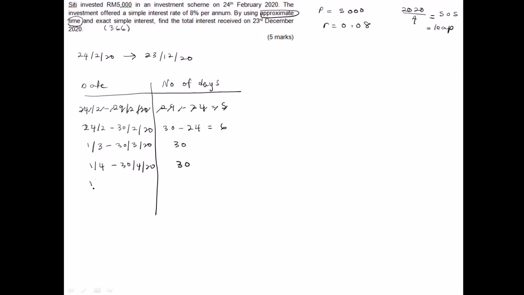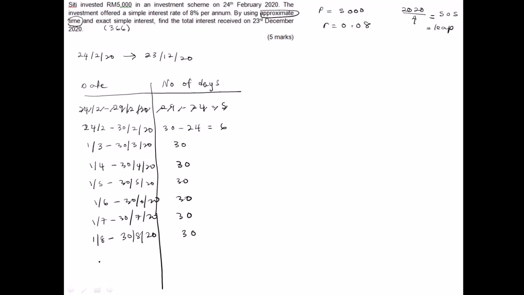30 days in April. 30 days in May. 30 days in June. 30 days in July. 30 days in August. 30 days in September. 30 days in October.